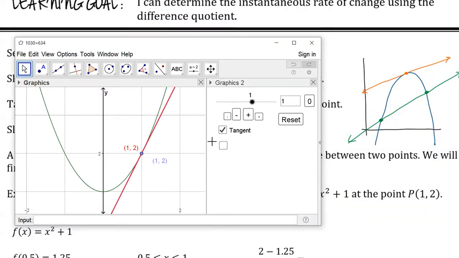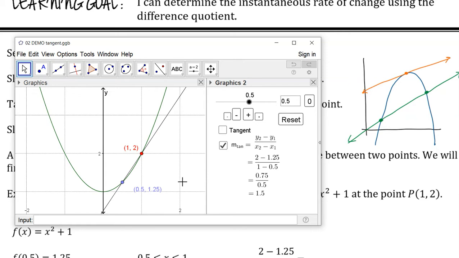Here's the problem. There's my tangent line at that point. That's what we want to know the slope of. Our only tool is the slope formula from grade 9. That's the tool we have for finding slopes of lines. And as Kyle said, if I could find another perfect point on that line, then I could use that. But I can't.